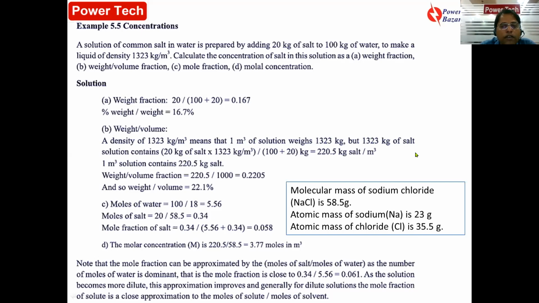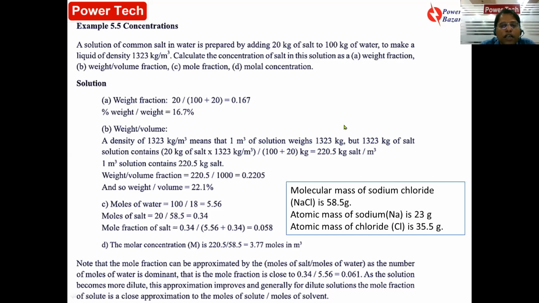It will be 20 kg of salt into 1323 kg per meter cube divided by 100 plus 20 kg. That means 220.5 kg of salt per meter cube.